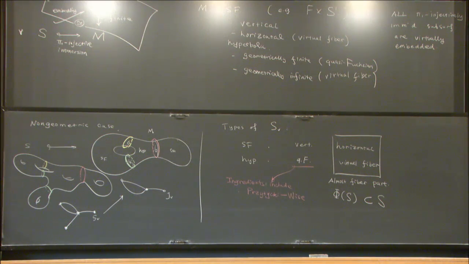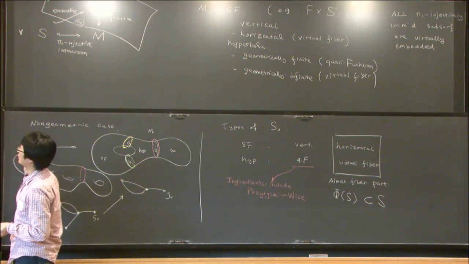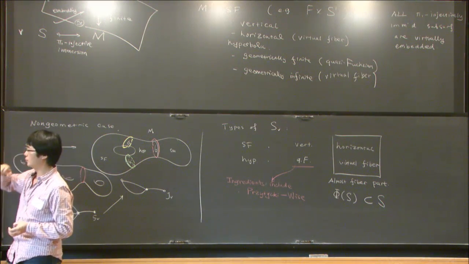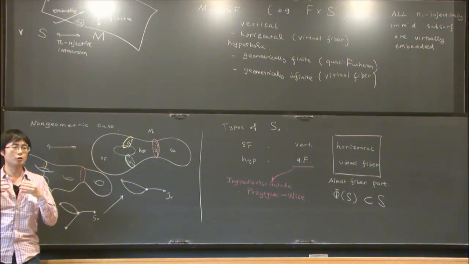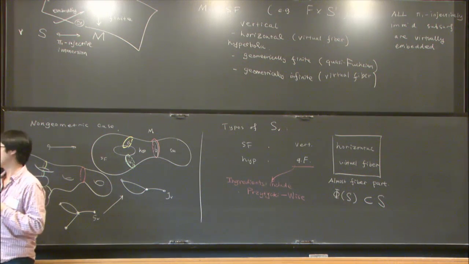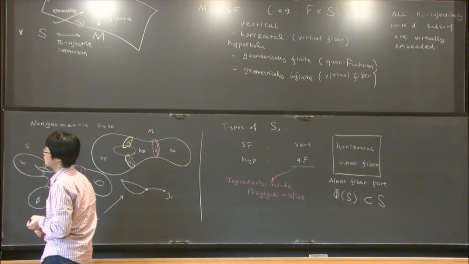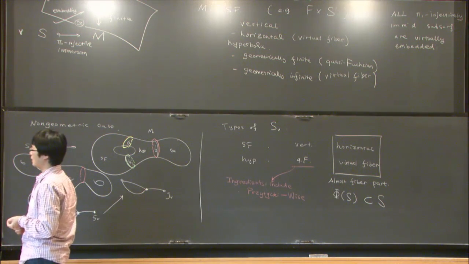Okay, turns out in some cases you can actually construct these virtually embedded subsurfaces. If M is a graph manifold, there are previously known methods to construct such examples.